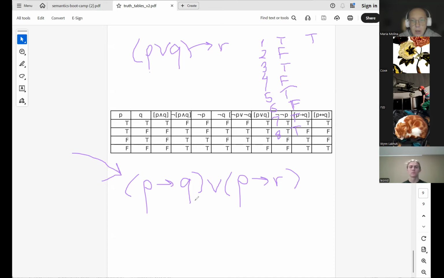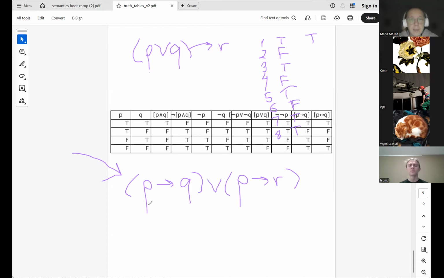Okay, true. So either P to Q should give true or P to R should give true. And if all of them are true, then one of those parts certainly is true, and this means that operator OR gives us true.